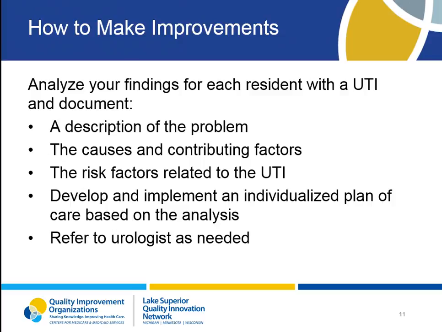Analyze your findings, and for each resident with a UTI, document a description of what's occurring, the causes and contributing factors for the UTI, as well as the factors that put the resident at risk for UTI. This information should then be used in the development and implementation of an individualized plan of care for each resident, which should decrease their risk for a UTI and thus improve this quality measure.